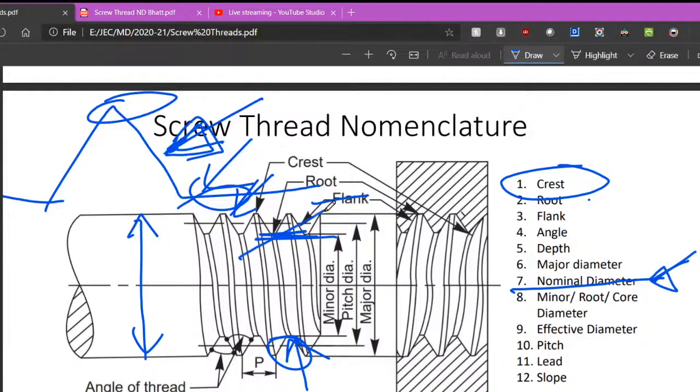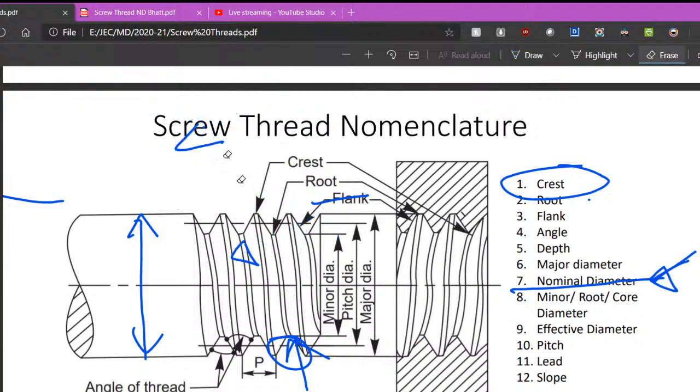This one, you see, this one is the flank.